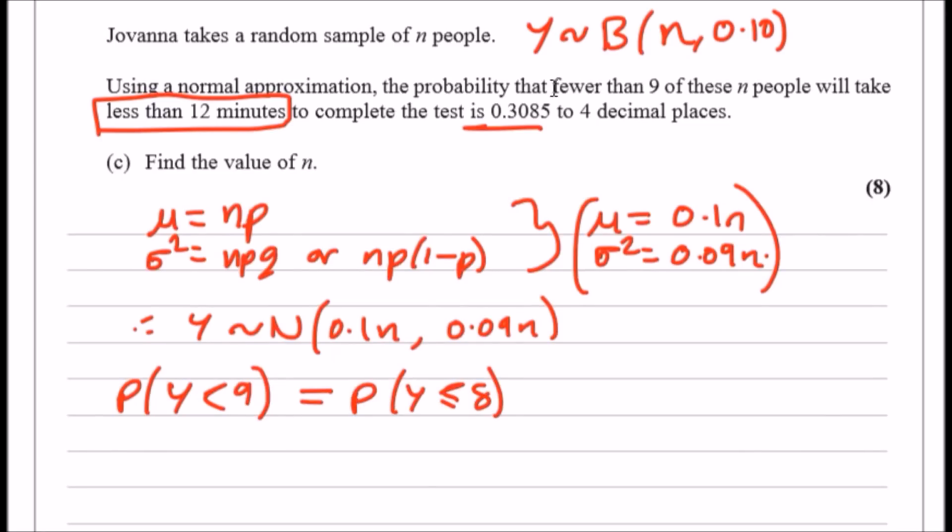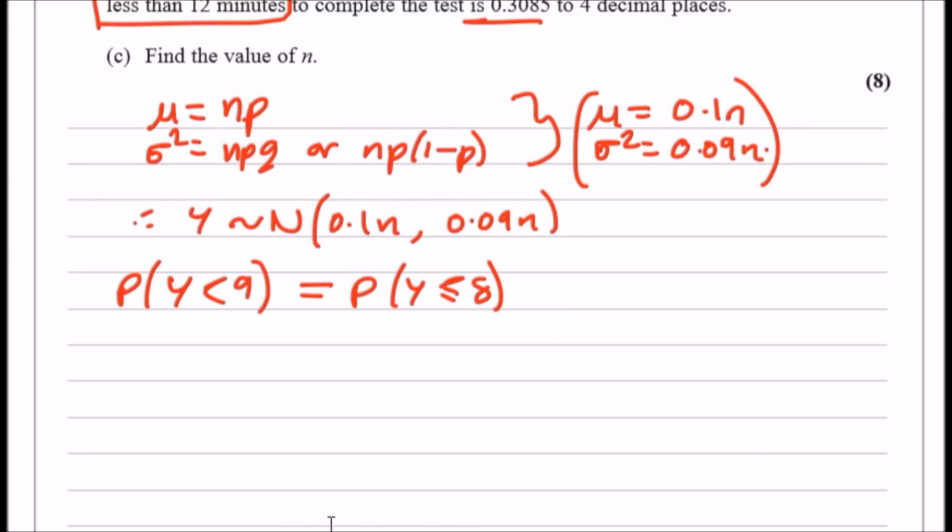For normal approximation, we have to apply a continuity correction. Personally, I always use the midpoint. So I'll say, therefore, under normal approximation, the probability that Y is less than the midpoint, which is 8.5.